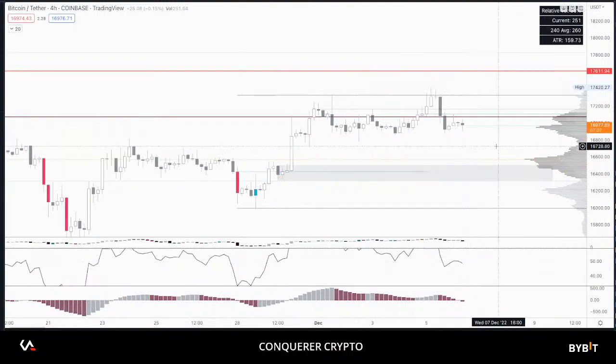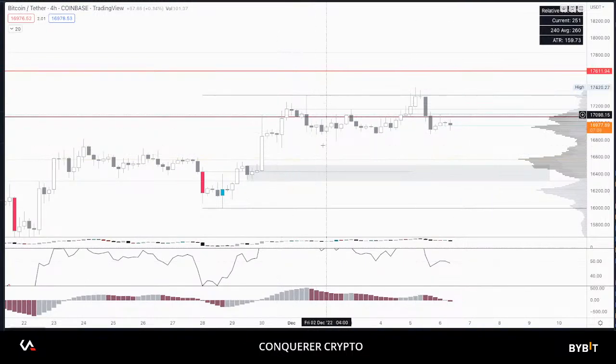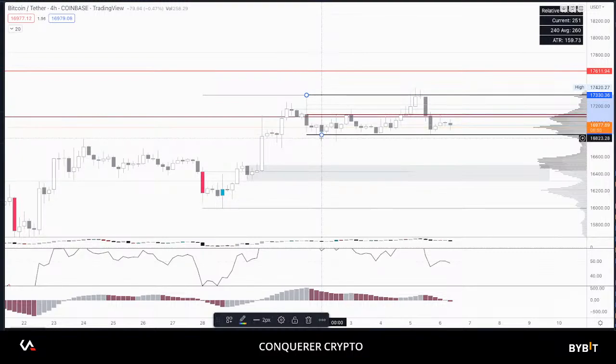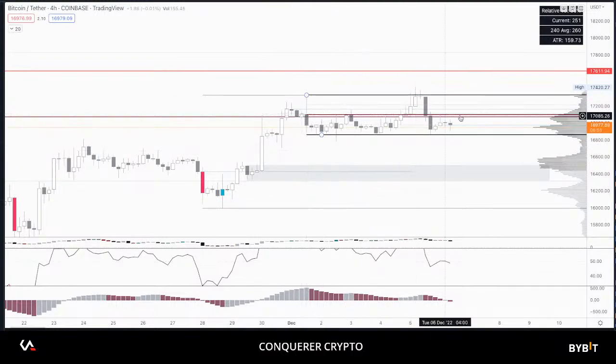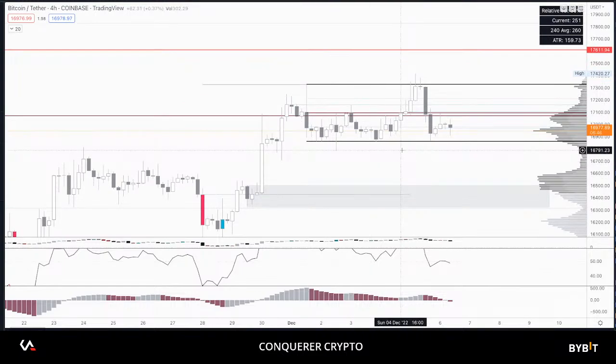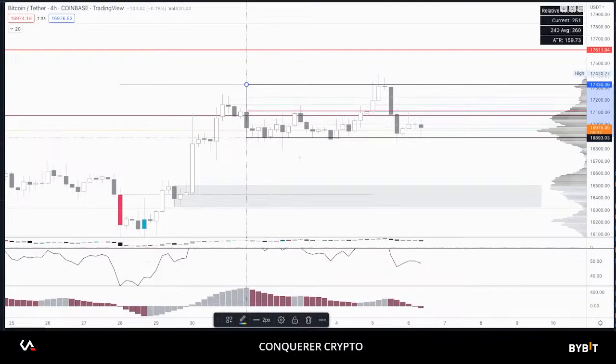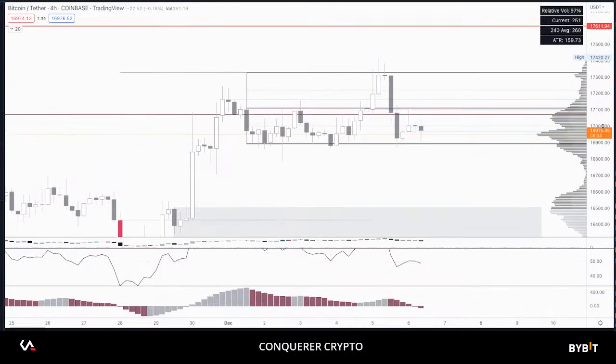Right, step by step. And we also have a range formed right here, right? Low time frame range right about here. The mid range is pretty much overlapping. You could also use this one.